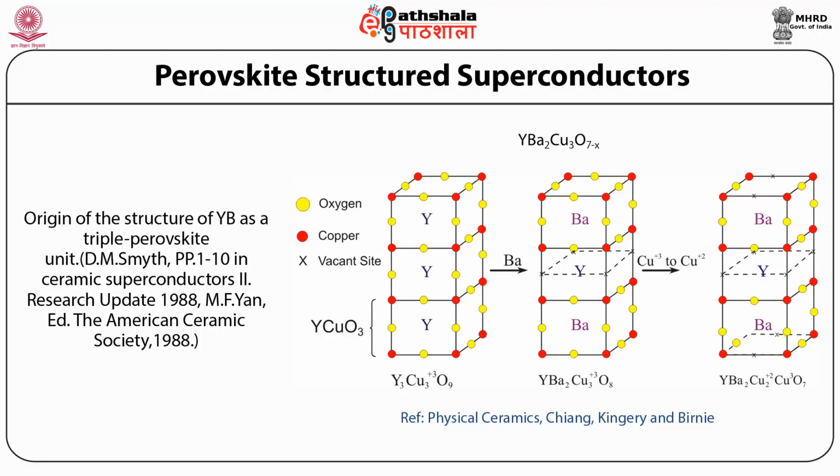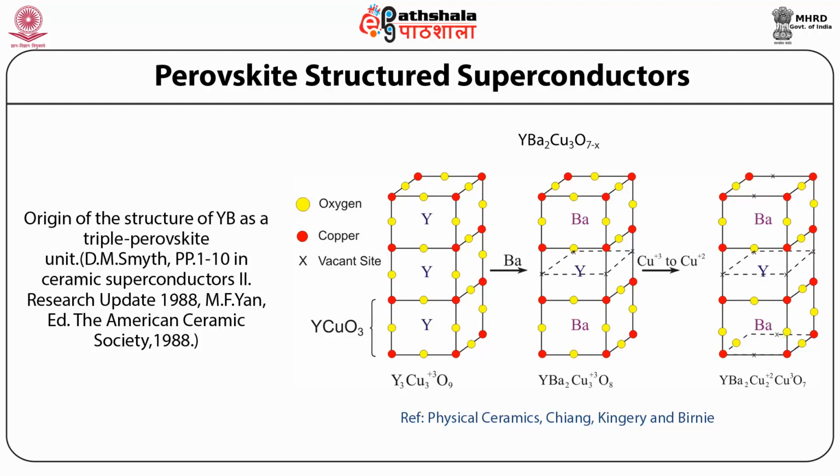In the leftmost corner, the compound which is Y3Cu3 plus O9 has a structure which has oxygen, copper and X valence sites. When the barium is doped in this compound, the barium occupies the centered or body center position. It replaces the yttrium.